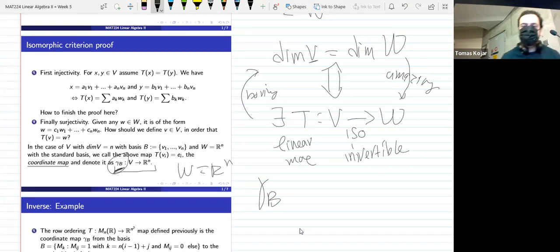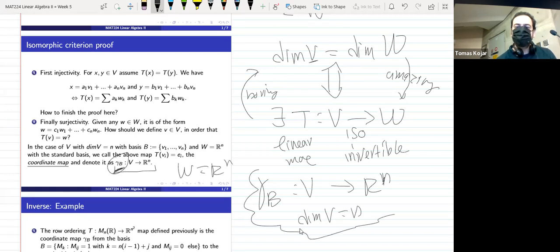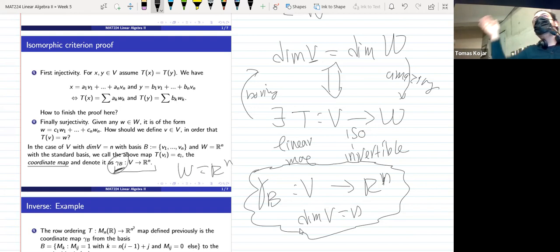It's the map that sends you from V to R^n when the dimension of V is n. And we just built this map. So this coordinate map exists from all this abstract construction we did with surjectivity, injectivity, T of x, and all that stuff.